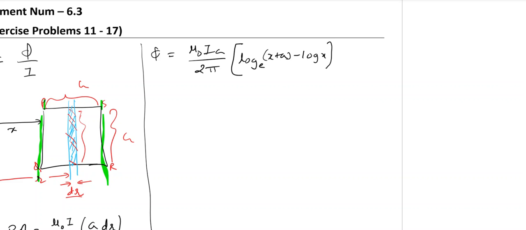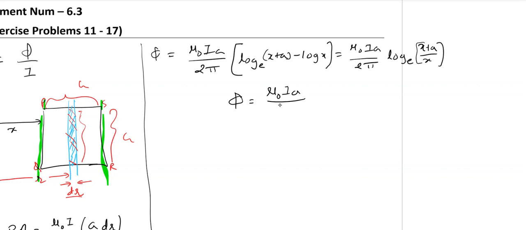Since it is a subtraction, you can write it as mu 0 I a by 2 pi log of x plus a by x. So that is the flux required.